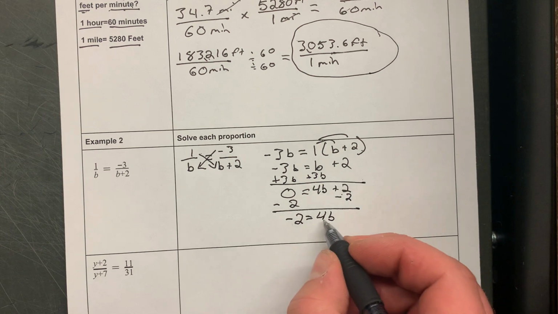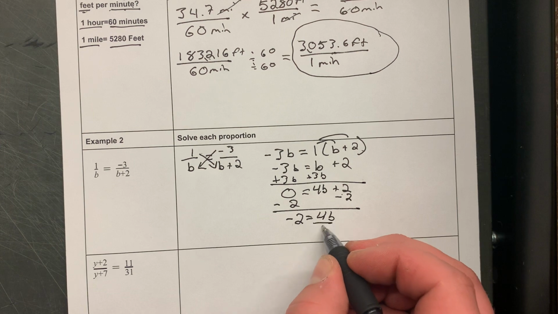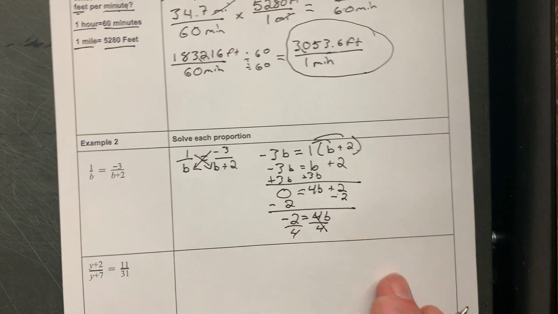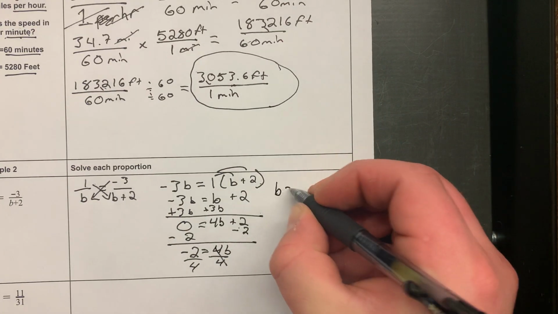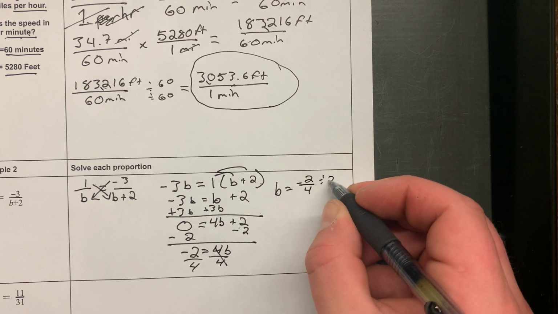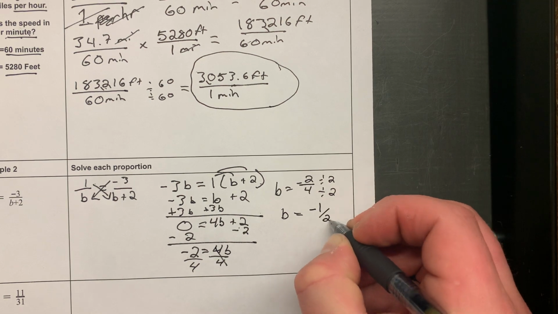Last thing that I need to do here, I have multiplication happening, so I need to use division to undo it. These 4's cancel. I'm left with b equals -2 fourths, or you can reduce that down by dividing the top and the bottom by 2 to get a nice fraction of -1/2.